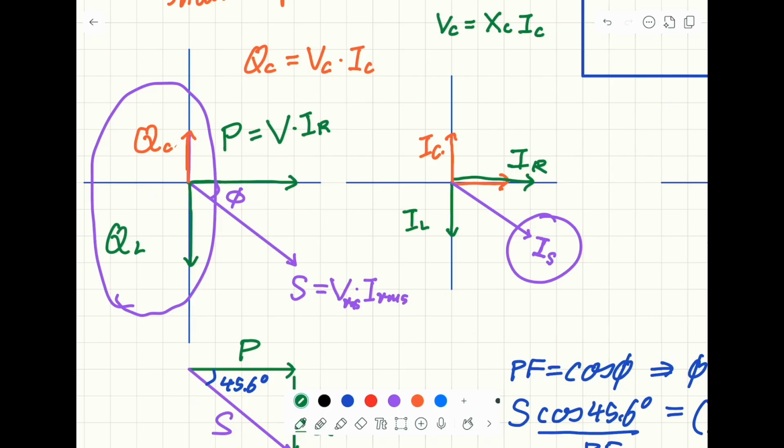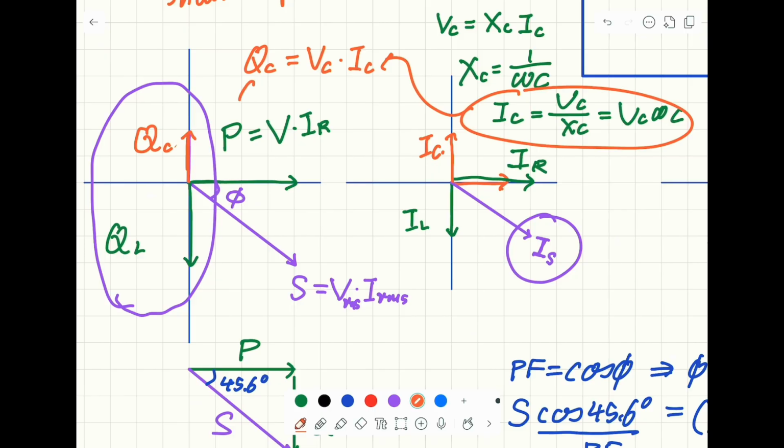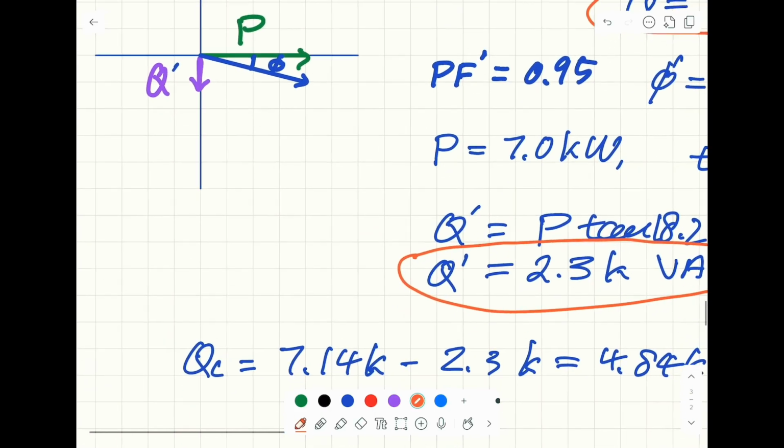For the capacitor, XC is equal to 1 over omega C. So we plug this back. From here we know that IC is equal to VC over XC, and it means equal to VC omega C. Plug this back, and QC is equal to VC times VC omega C. Therefore, we have a relationship here.